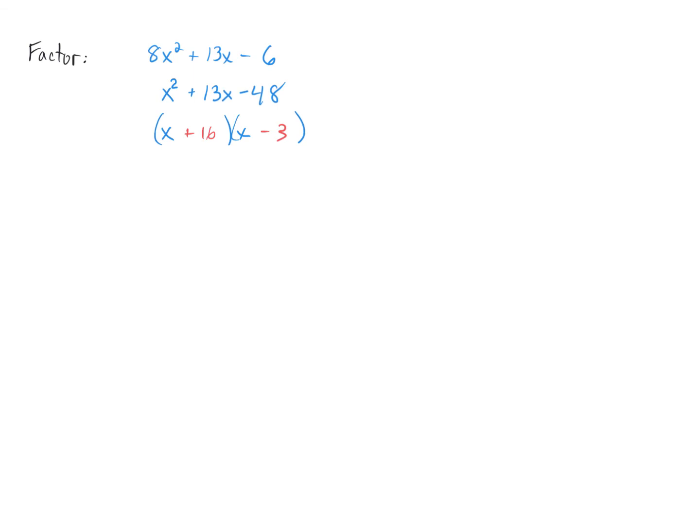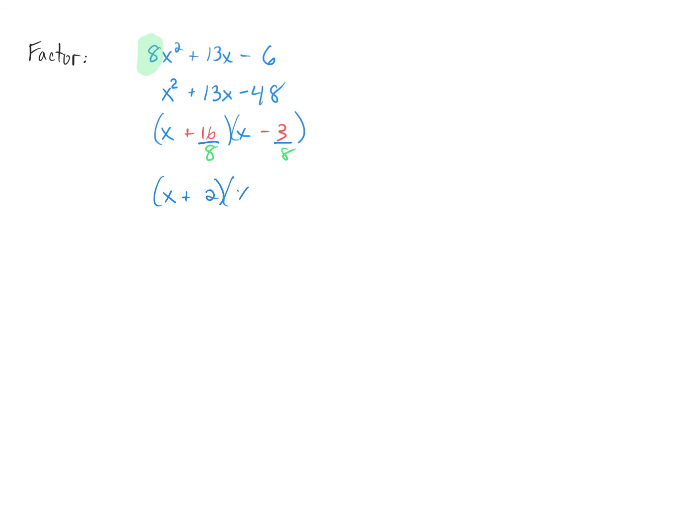All right, then what? Well, that 8 coefficient that we just sort of erased in the beginning, we're going to rewrite it in the problem as denominators under these constant terms. And then we're going to simplify those fractions if we can. And 16 over 8 is 2.